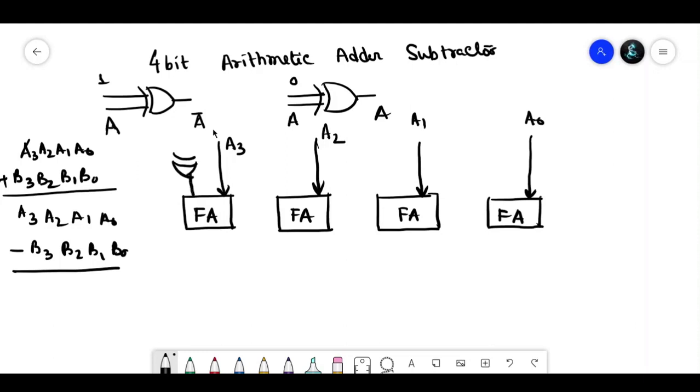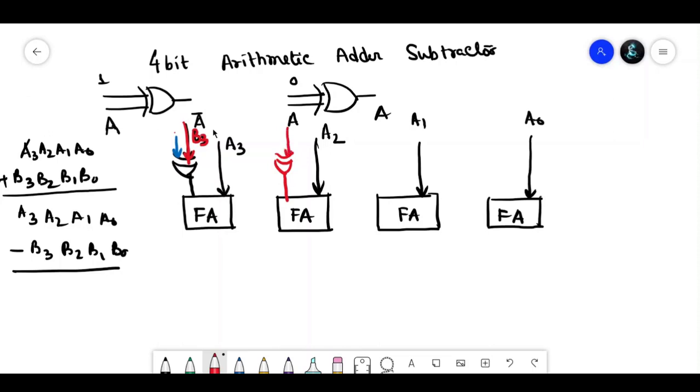So this is the output. This is B3. Okay, so this is B3 and this is another input. Now I am just connecting the XOR gate here.